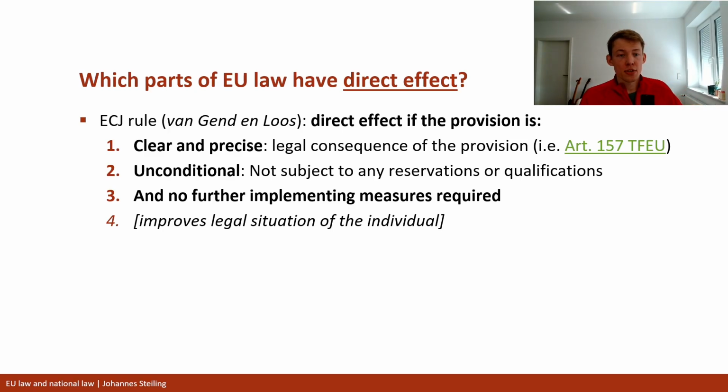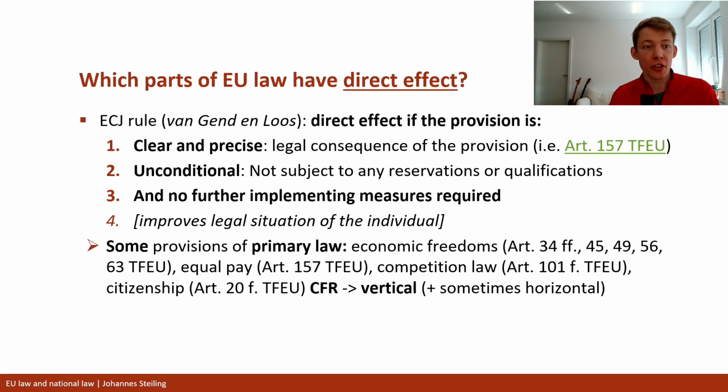Okay, so this is mostly related to primary law. Some provisions of primary law where the ECJ has held that they are clear and precise, unconditional, with no further implementing measure required, are the economic freedoms. So I can directly invoke economic freedoms, like the freedom to transport goods, the freedom to move to another country and work there.